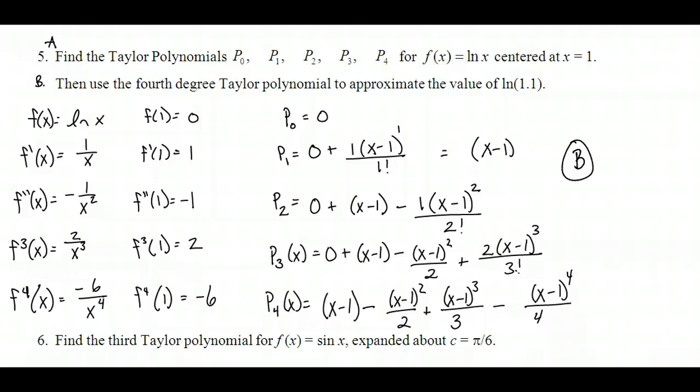And when you calculate it using your polynomial, we could say our fourth degree polynomial at 1.1 is approximately 0.0953. And if you actually plugged it in, natural log of 1.1 is 0.09531. There's a slight difference.